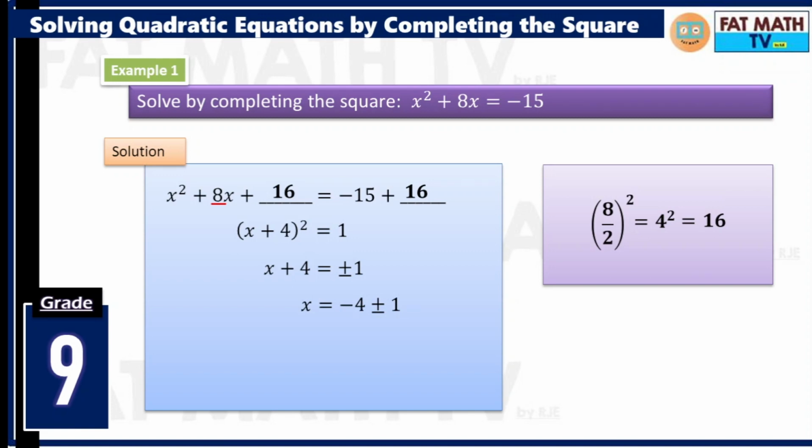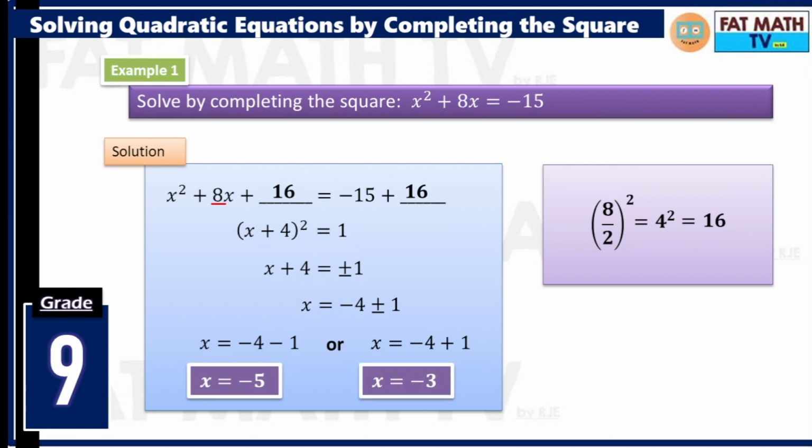You will get x equals negative 4 plus or minus 1. And then you can separate these two into x equals negative 4 minus 1, or the other one is negative 4 plus 1. Negative 4 minus 1 is negative 5, and negative 4 plus 1 is negative 3.